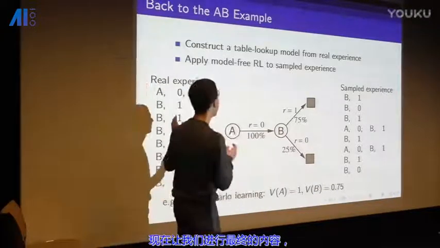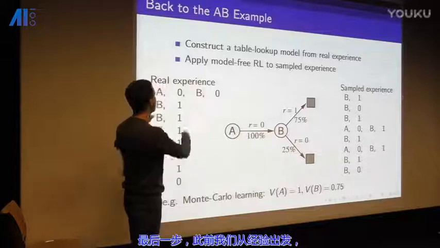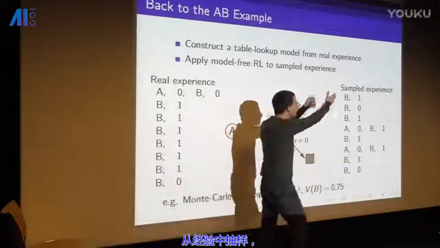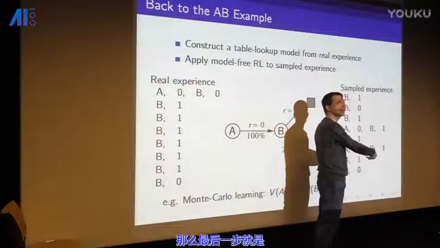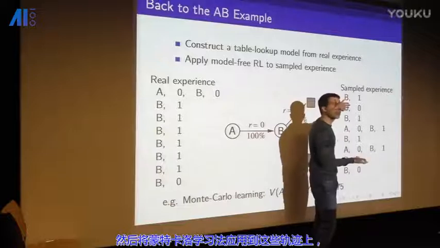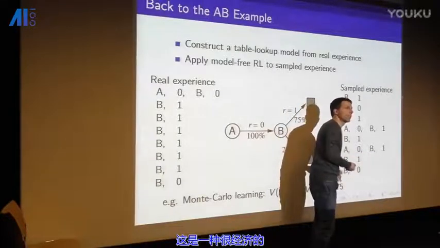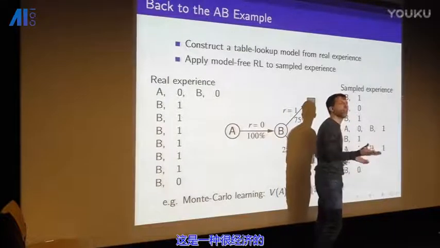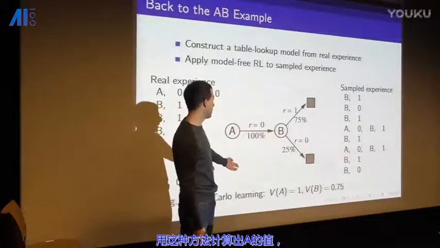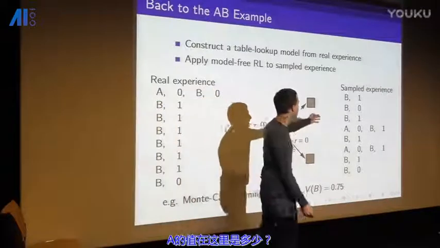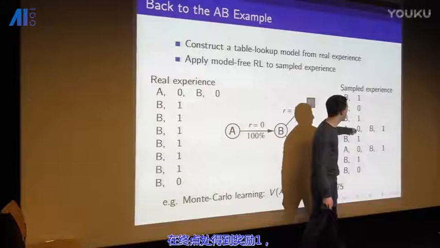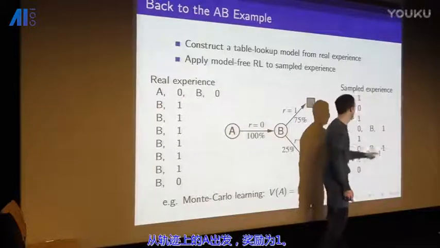So now, let's take the final step. We started with our real experience, we've built a model, we've sampled experience. Now let's learn from our sampled experience and apply, say, Monte Carlo learning to these trajectories. That's the canonical model-free reinforcement learning algorithm. If we did that, what's the value of A? Well, I started off in A here, I ran a trajectory and I got a return of 1.